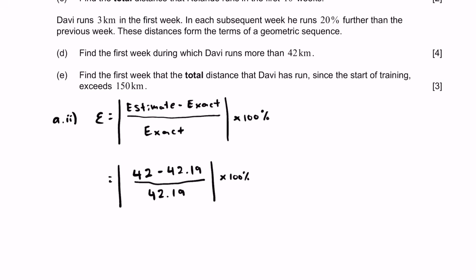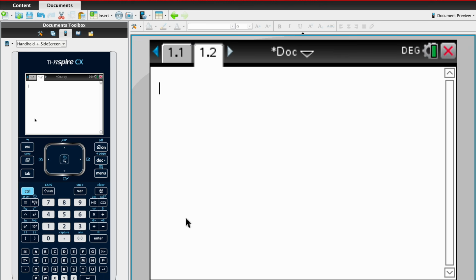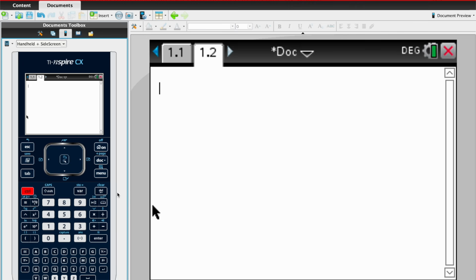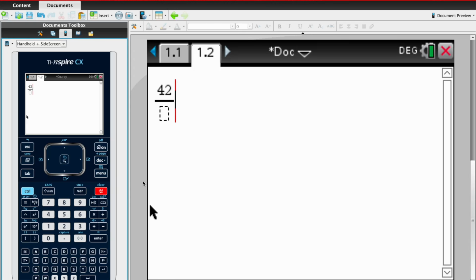All right, let's just go ahead and find out what that is by putting this into the calculator. So here we are. And let's open up a fraction. So we have 42 minus 42.19 over exact of 42.19.